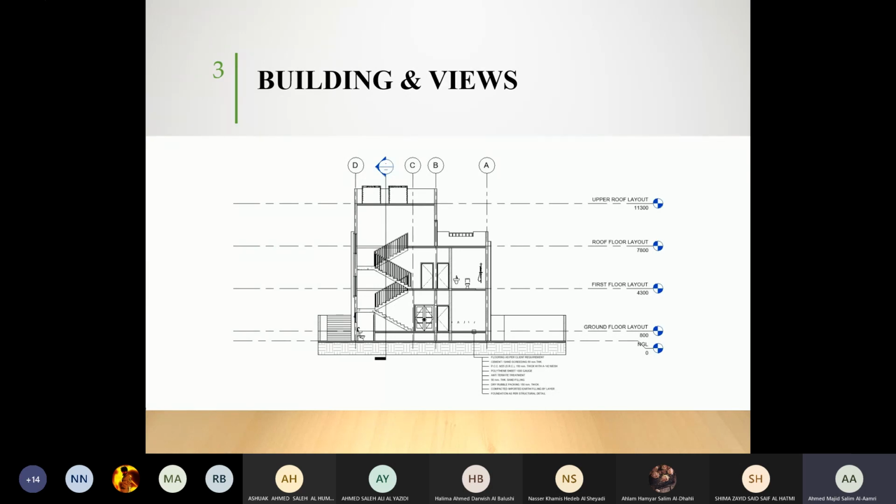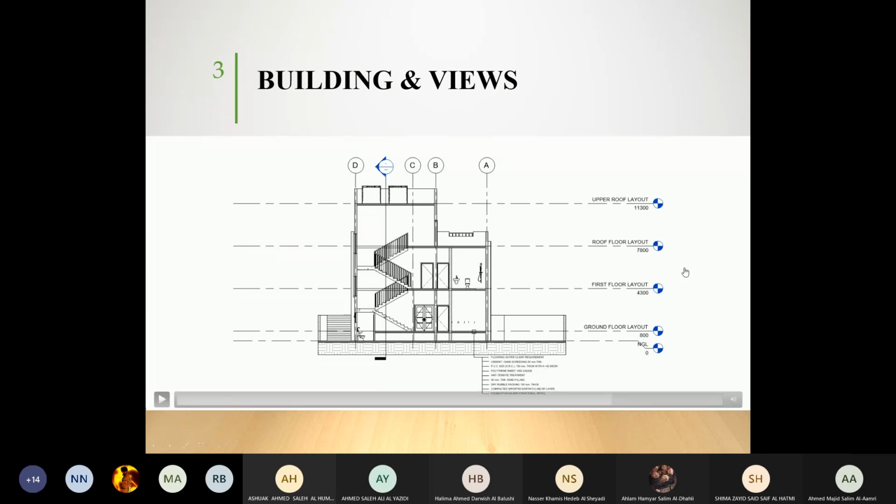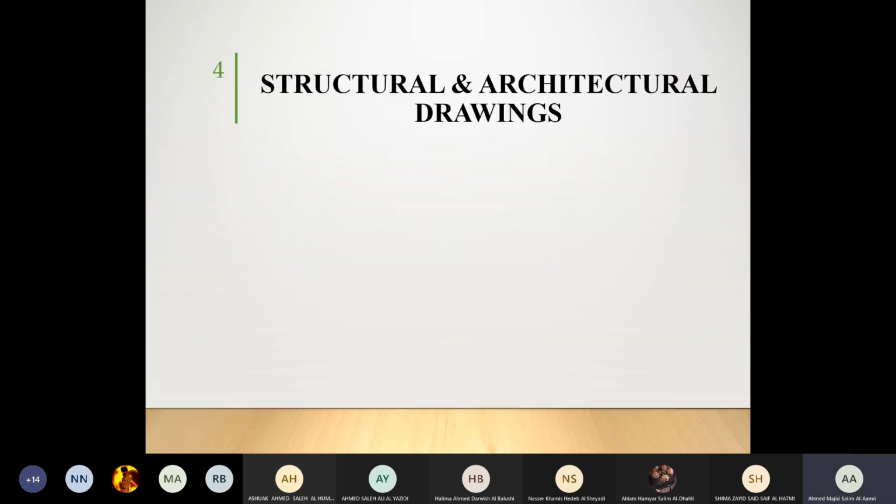If you are seeing it from the side, then it's elevation. If you are cutting it, then we call it a section. Are we clear with the building views? I assume you have studied all of these in building drawing. Yes.